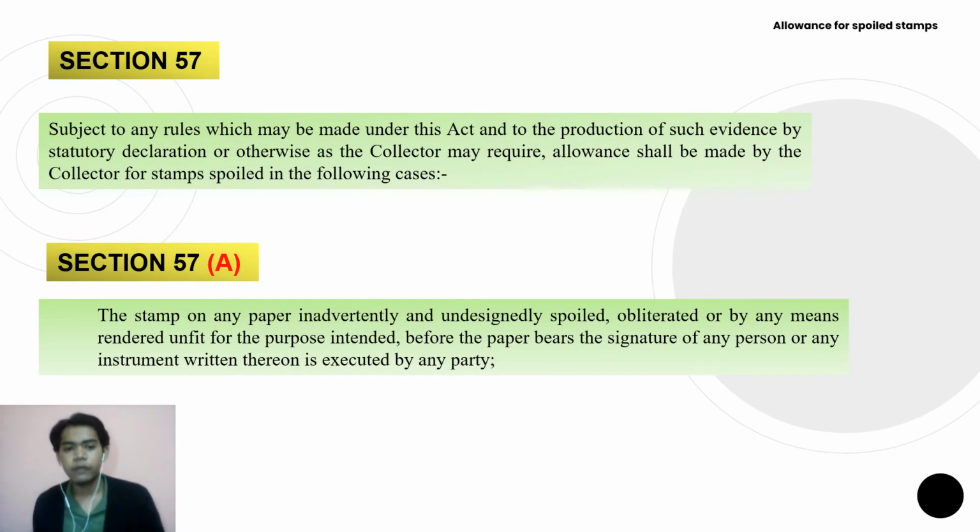Section 57A: the most important thing is the sentence before the paper bears the signature, which means the allowance for a spoilt stamp is allowed if the paper has not yet been signed by any of the parties.